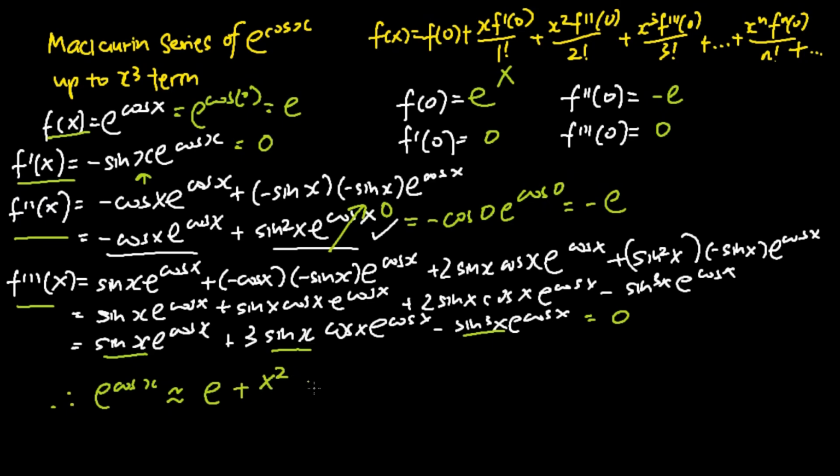My f double prime 0 is negative e over 2 factorial. Whereas for the x cubed term itself, we will not have the x cubed term because my f triple prime 0 is equals to 0. So basically we just have the final answer e to the power cosine x expressing as the Maclaurin series to be equals to e minus e over 2 x squared.